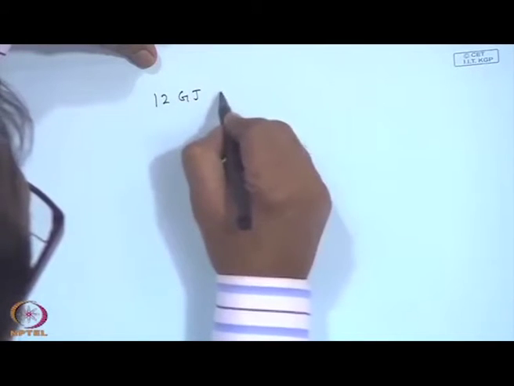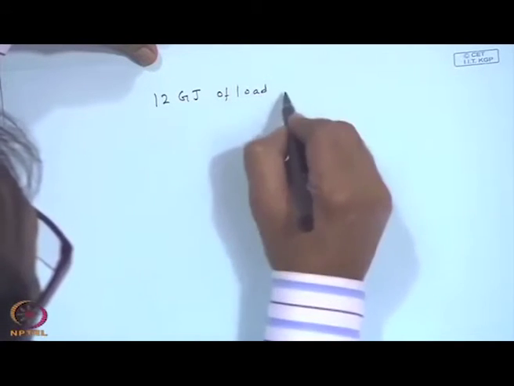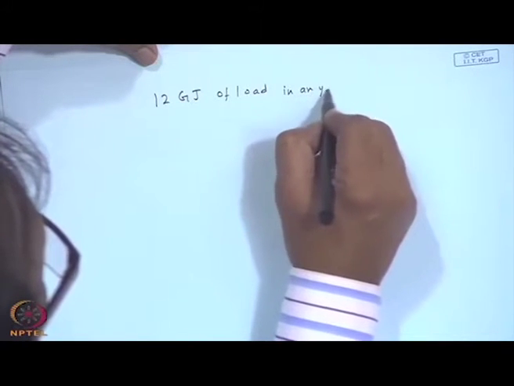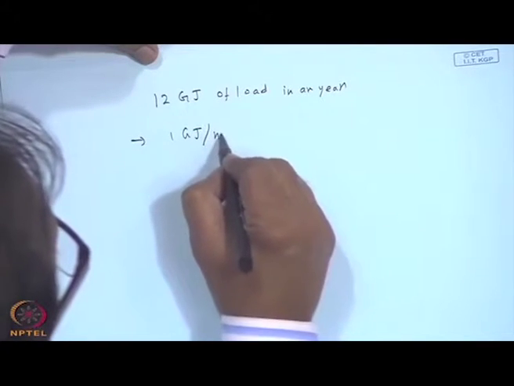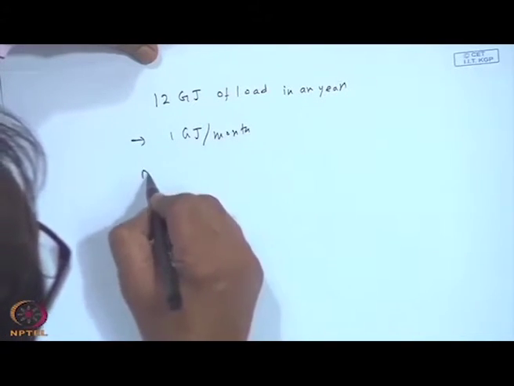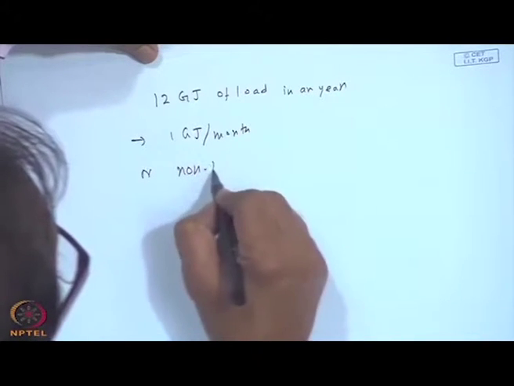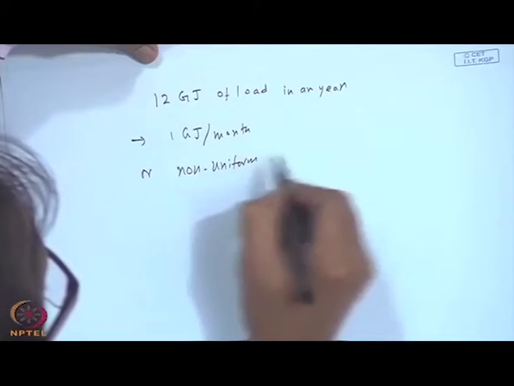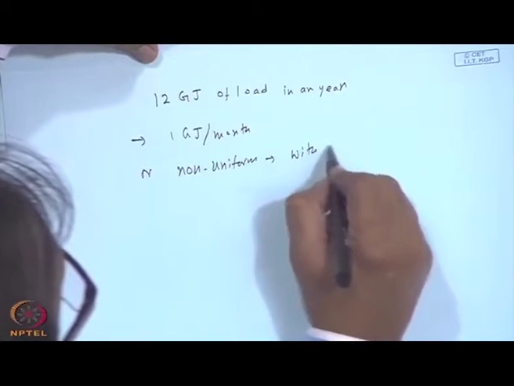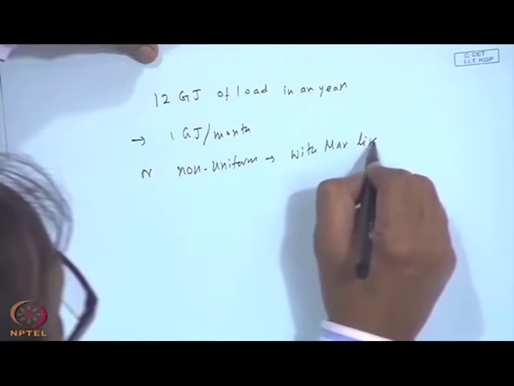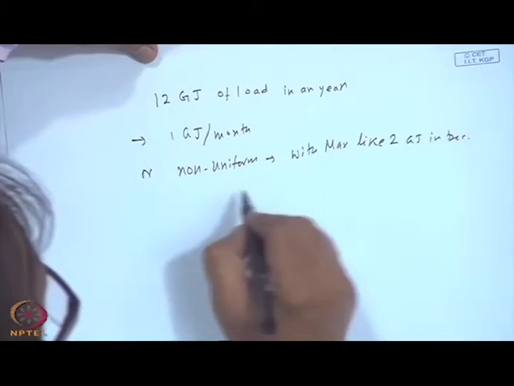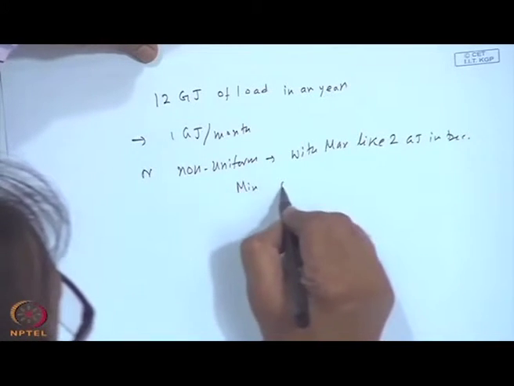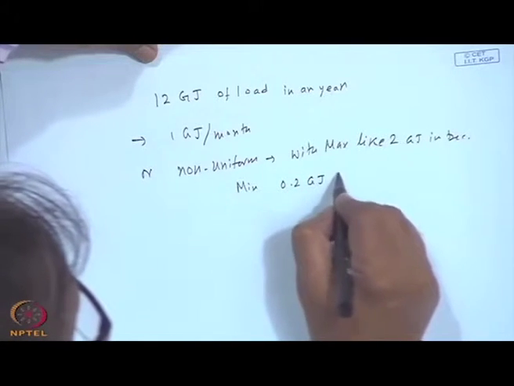Suppose you have got 12 gigajoules of load in a year. This can be 1 gigajoule every month or non-uniform, with a max like 2 gigajoules in December and a minimum like 0.2 gigajoules in June.